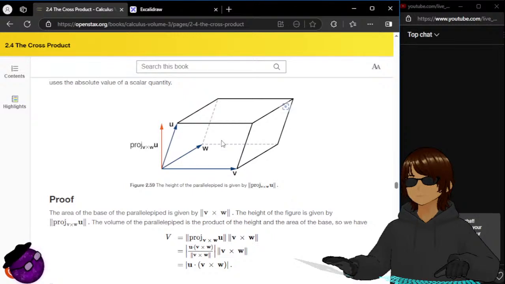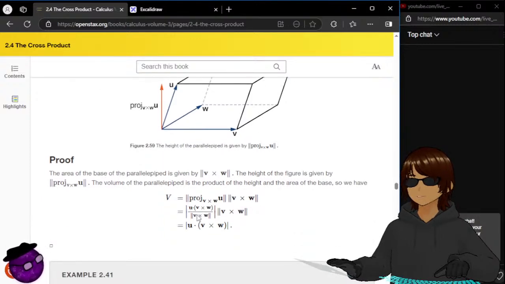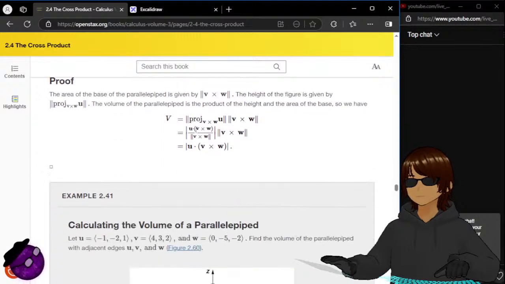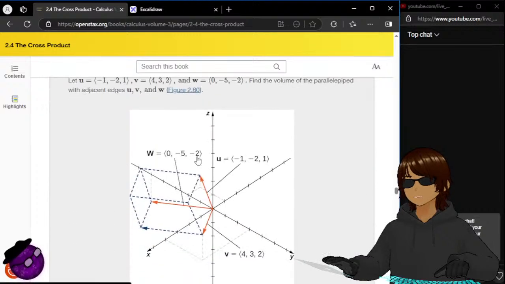Okay, so the volume is this parallelogram times the height, which is the projection of u onto v cross w. And I guess they simplified it to this. Okay.